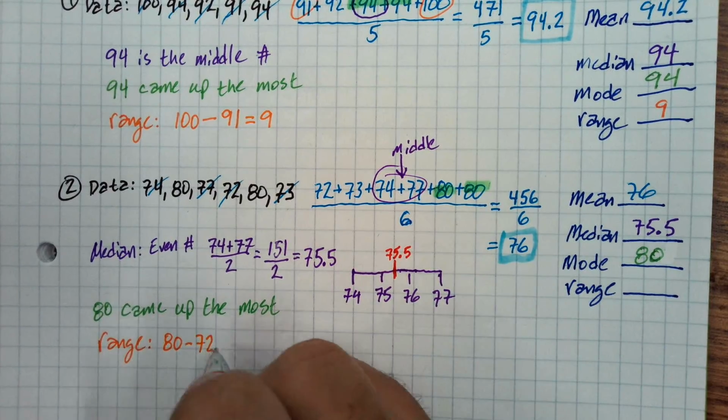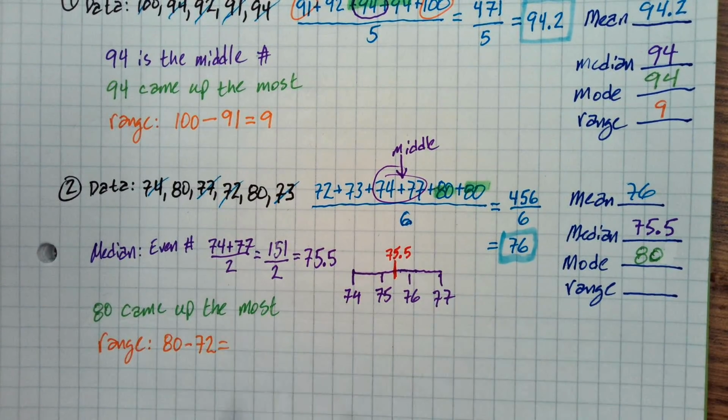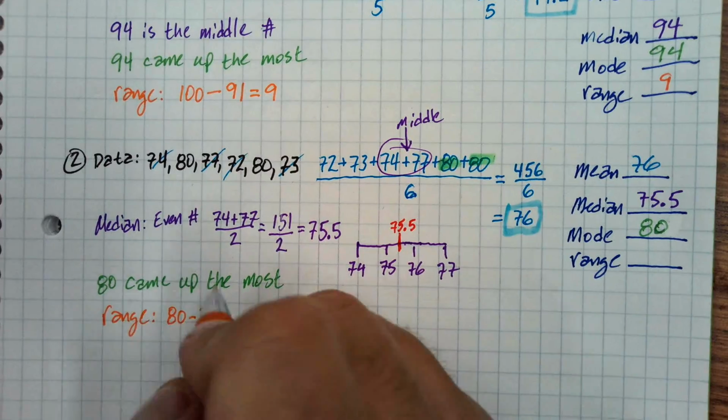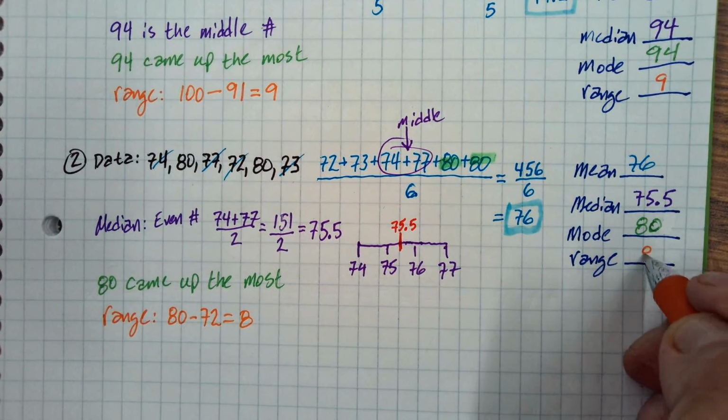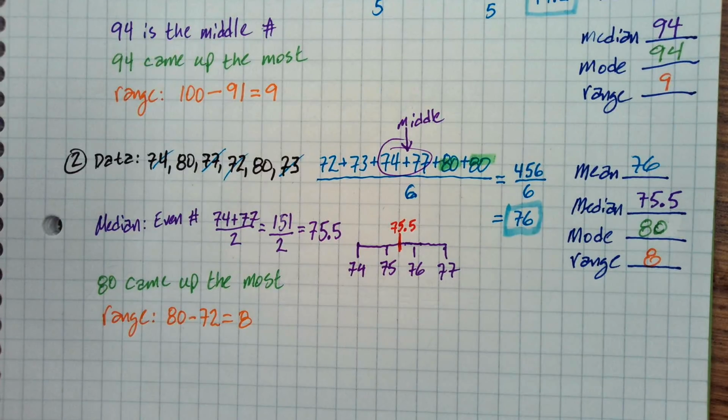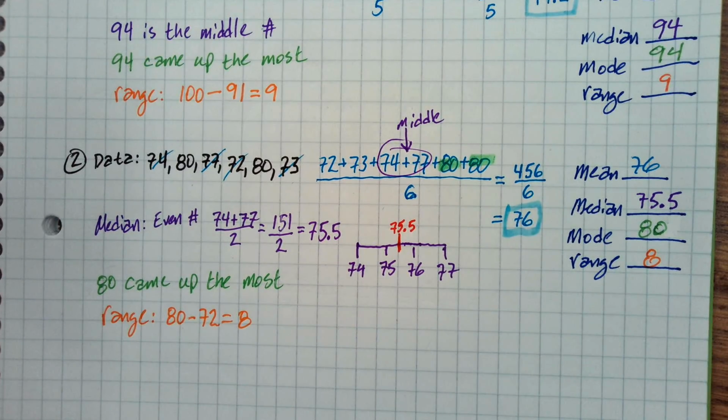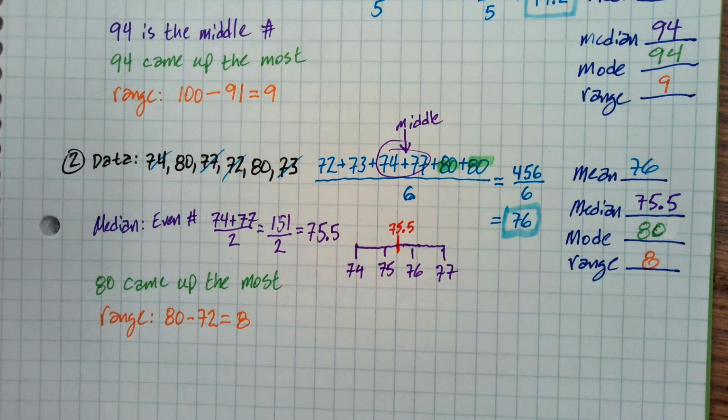How much is that? What's 80 minus 72? 8. So there's 8 numbers between the largest and smallest number. That's the range of numbers.